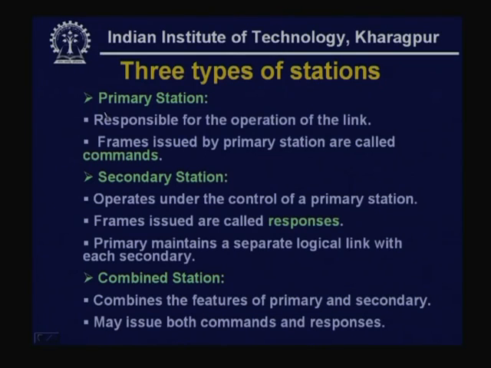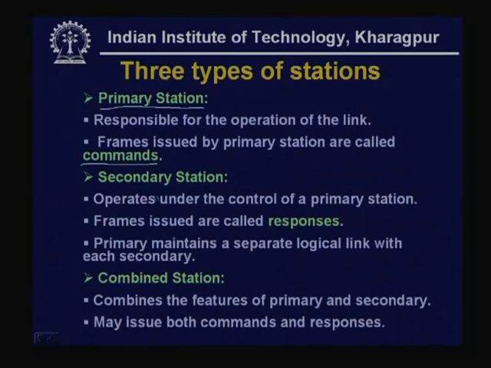The first one is known as the primary station. The primary station is responsible for operation of the link, so it acts as a kind of master, and frames issued by primary stations are called commands. Commands are issued by the primary station.